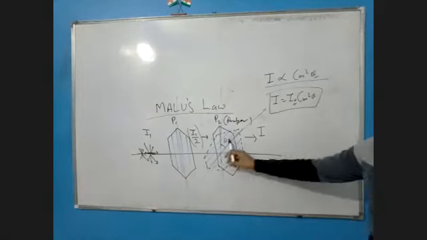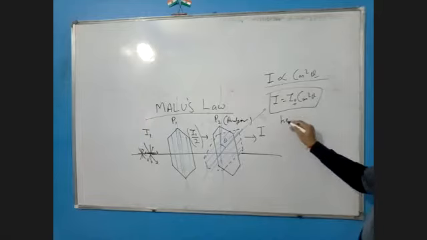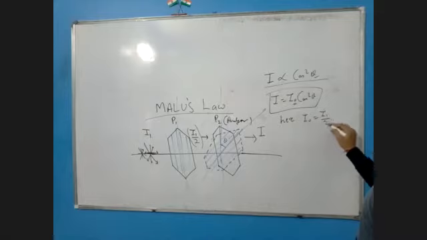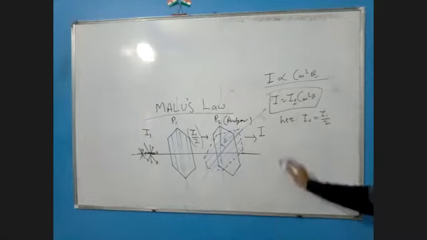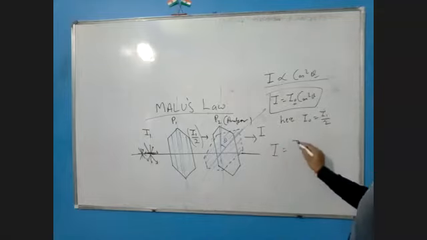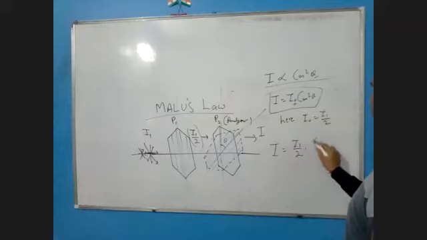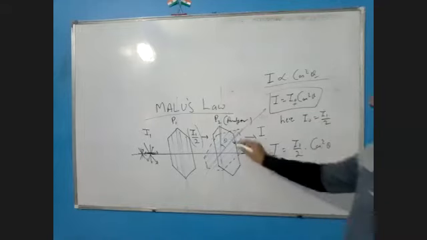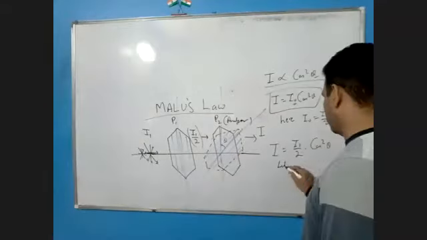Sir, in this case I naught is equal to I1 by 2. So I is equal to I1 by 2 into cos square theta. Let theta equal 60 degrees for a while.